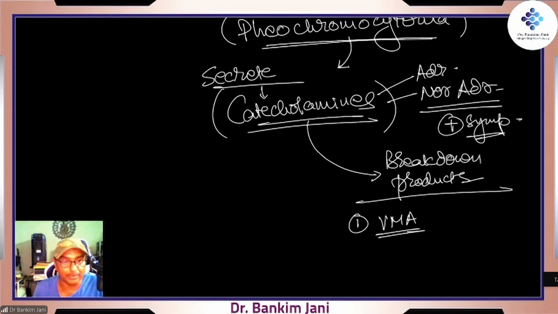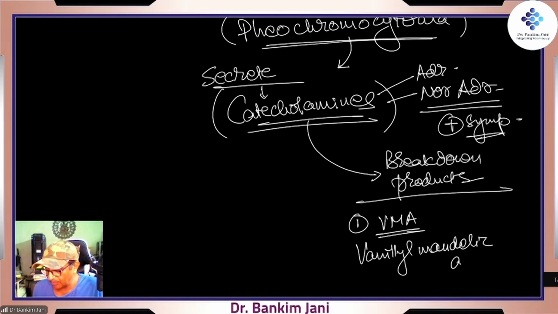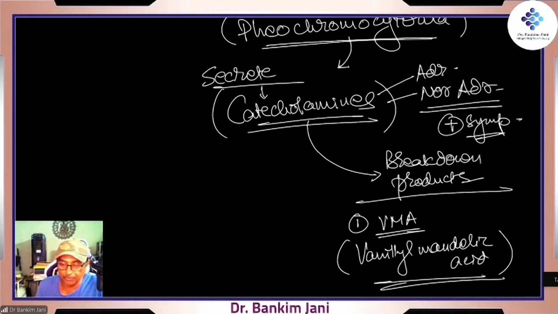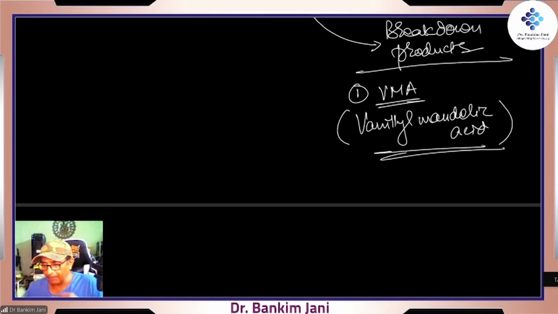So you will go for it, right? This vanillylmandelic acid is nothing but a breakdown product of catecholamines. When this level is rising, you guess that catecholamines are rising. There are more catecholamines.